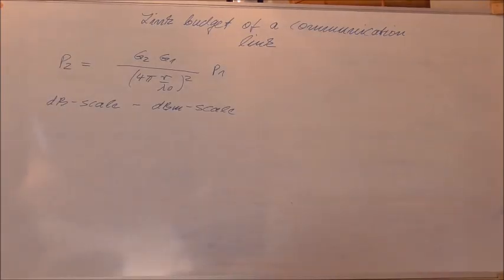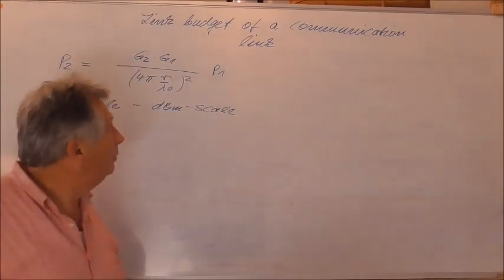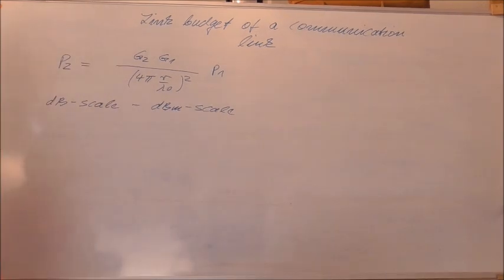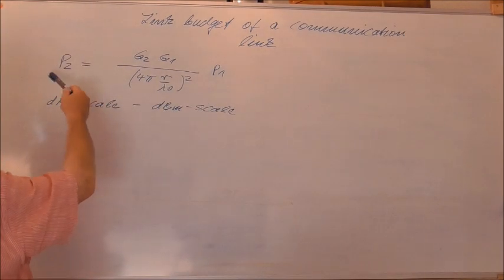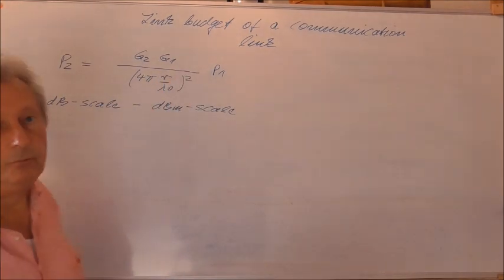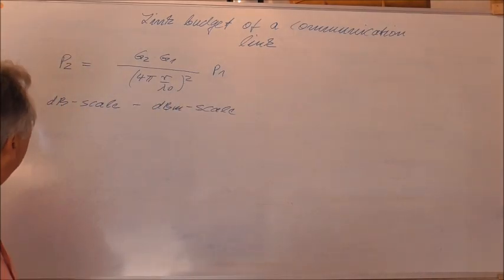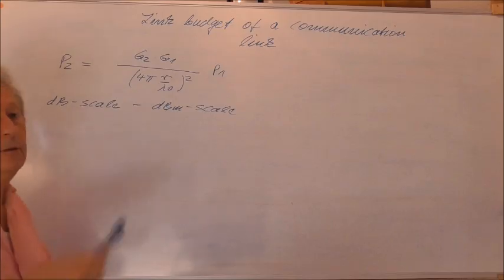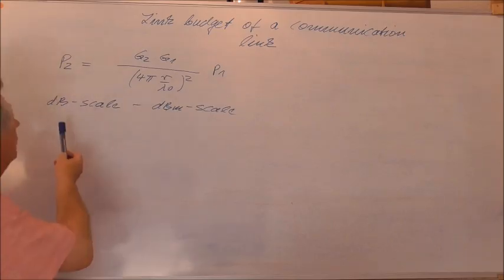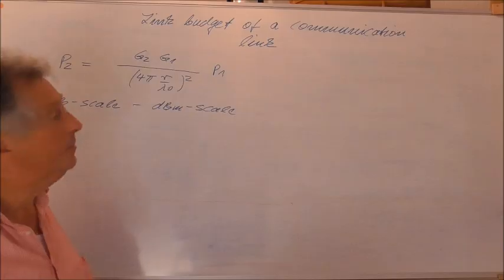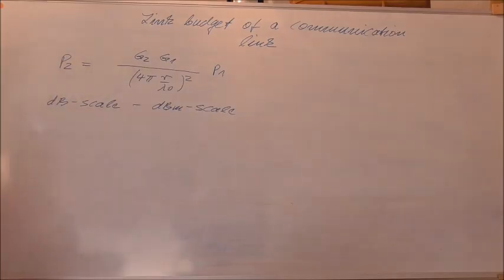I will now introduce the so-called link budget of a communication link. We saw that this equation describes the received power as a function of the transmitted power. Normally in system calculations we use the so-called dB or dBm scale. Now I will introduce the notation I use.